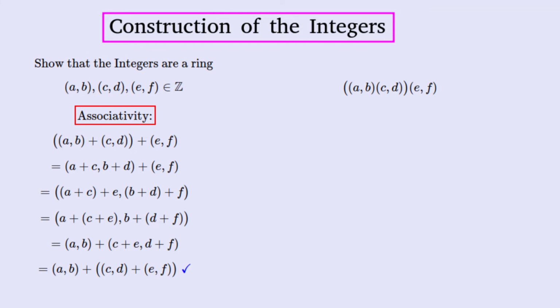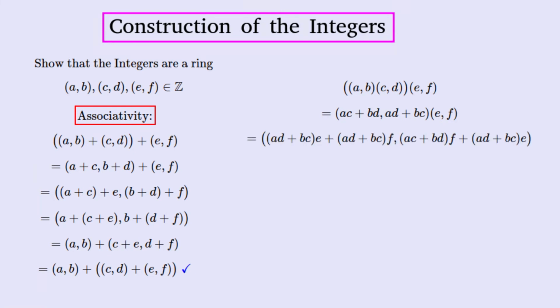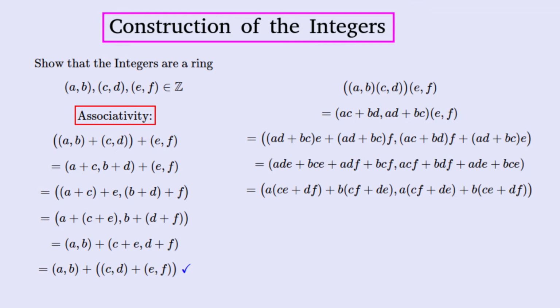Now to prove associativity true for multiplication, we'll use a similar method as that used for addition. We'll expand it out using the multiplication rule. We'll use the multiplication rule again, thus getting this messy expression. We'll manipulate this expression to get it ready to use the multiplication rule in reverse on it.